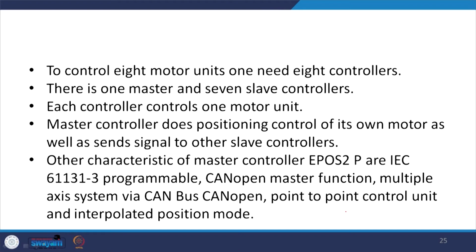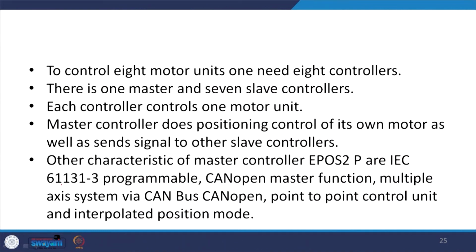Each controller controls one motor unit, and the master controller does position control of its own motor as well as sends signals to the other 7 slave controllers. Now, other characteristics of the master controller, that is EPOS2 P, are IEC 61131-3 programmable, CANopen master function, multiple axis system via CAN bus, CANopen, point to point control unit and interpolated position mode.